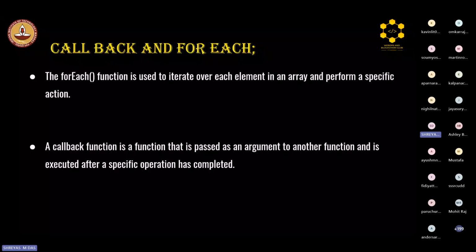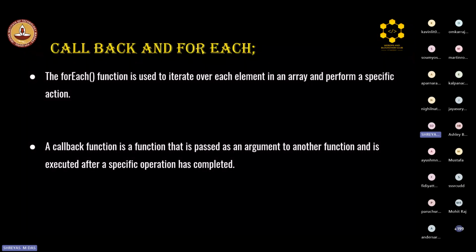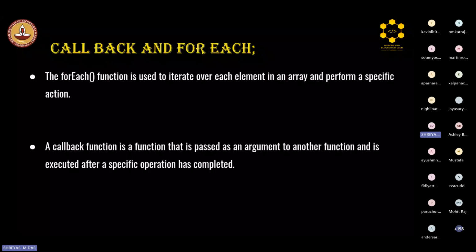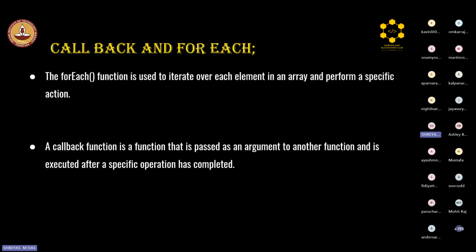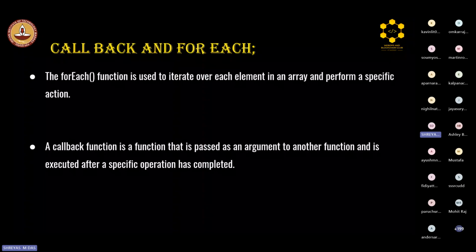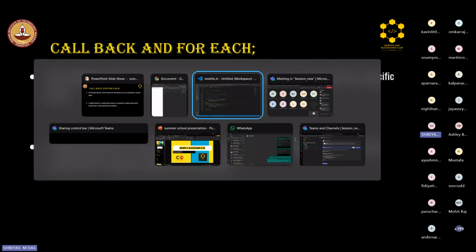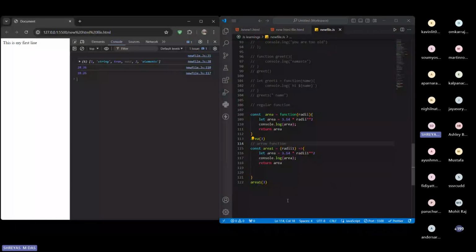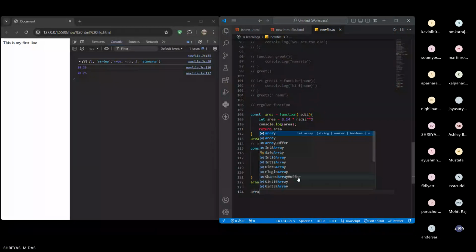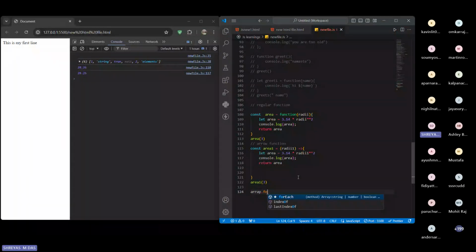The forEach function is used to iterate over each element in an array and perform a specific action. So you consider an array, and with this function you can iterate over each element and get a specific output. I have an array, so I can write array.forEach, and here I can get the element.